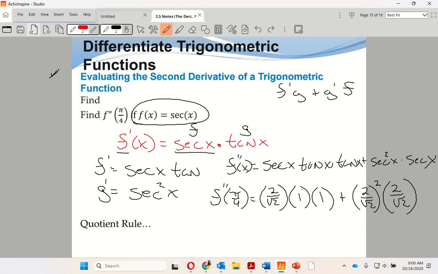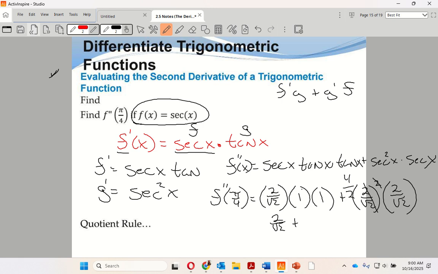All right, so there we go. Now we're finishing plugging it in here. This first one is just going to give me 2 over rad 2, plus... isn't this going to be 4 over 2? When I square 2 over rad 2, that's going to be 4 over 2, right?